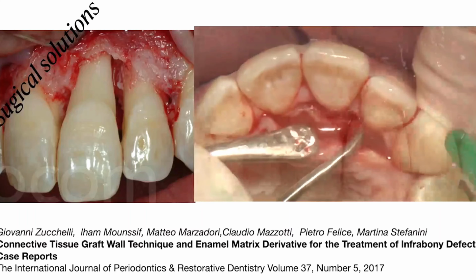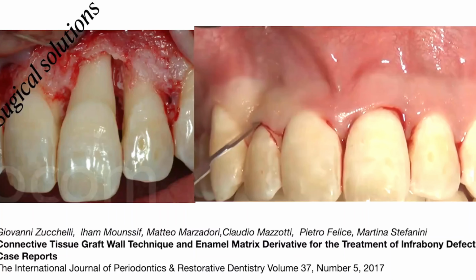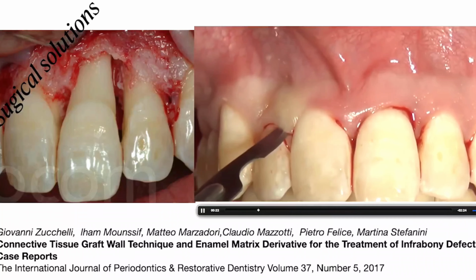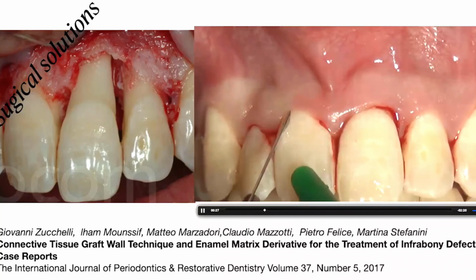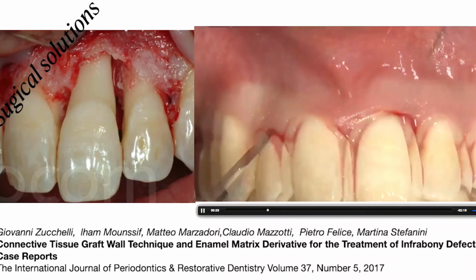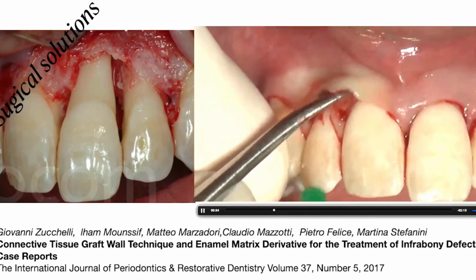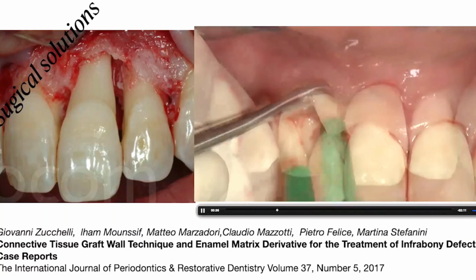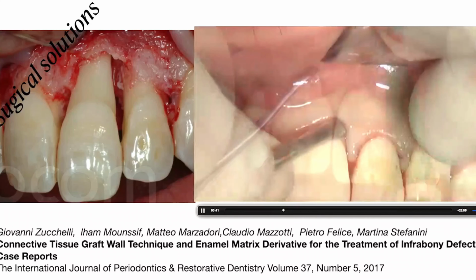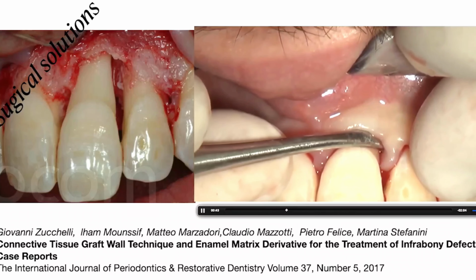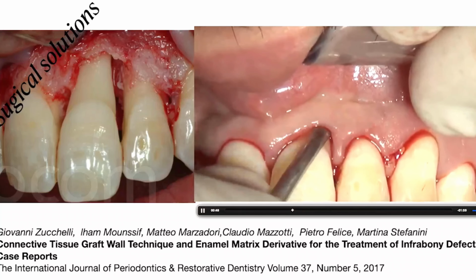Despite it being extremely thin, we can preserve the integrity of this because it's intact. We can associate this with a coronally advanced flap like we have already seen in the first model, because in the advancement of the flap it's important to also advance the papilla that is left connected to the buccal flap, and it is separated from the palatal flap with the palatal incision.